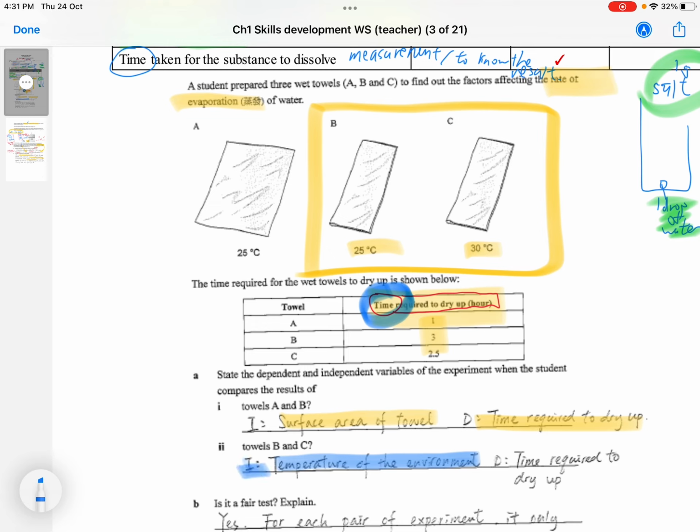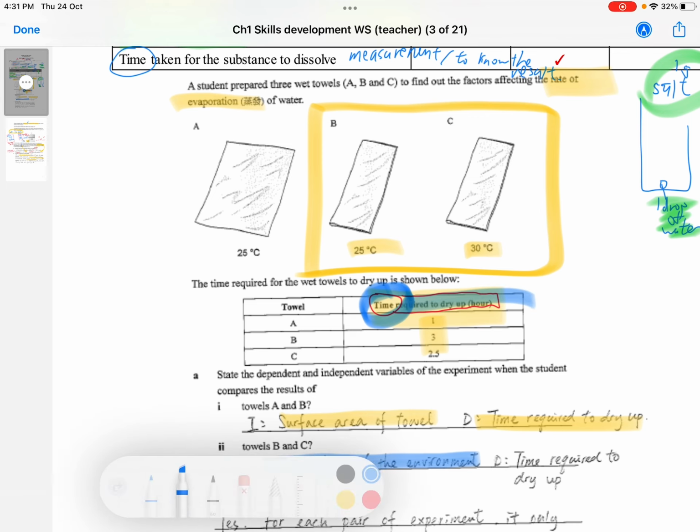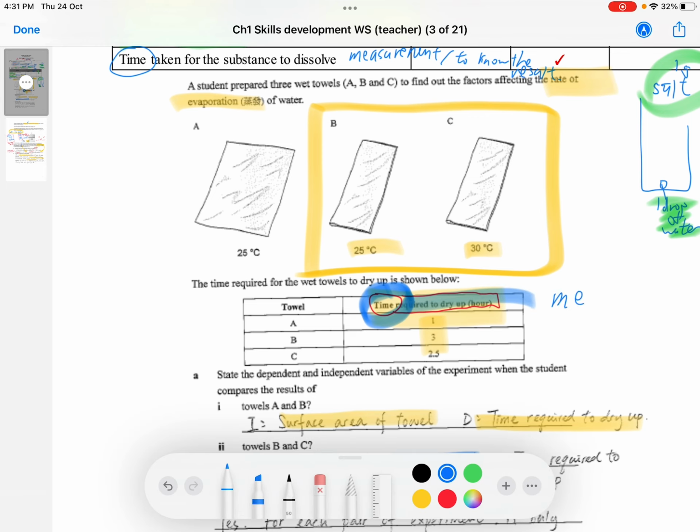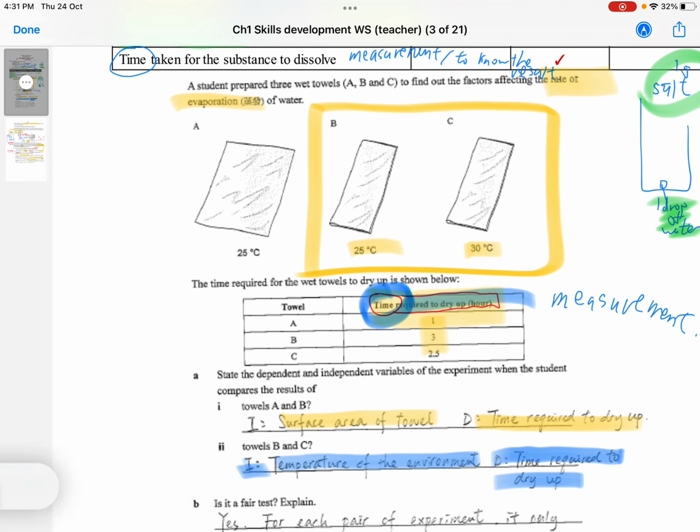So it is the independent variable. While how to know the result, which of them can evaporate faster, is about the time measurement. 量度緊嘅嘢點知邊個乾得快啲啊嘛，係嘛？ Time is what you have to measure. So you can copy this thing inside your question actually.